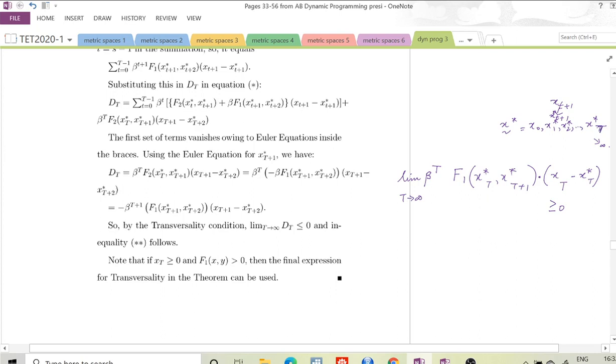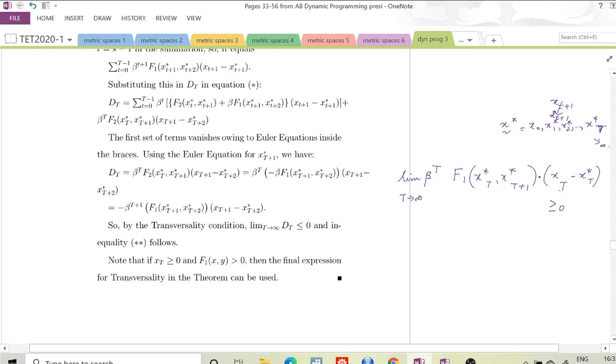And in an infinite horizon problem, that means that possibly I can benefit as the limit of t goes to infinity, right? So I can't benefit locally because the Euler equations are satisfied. Maybe I can benefit in the far horizon, right? So the transversality condition rules that out, that I can't benefit in the far horizon, right?